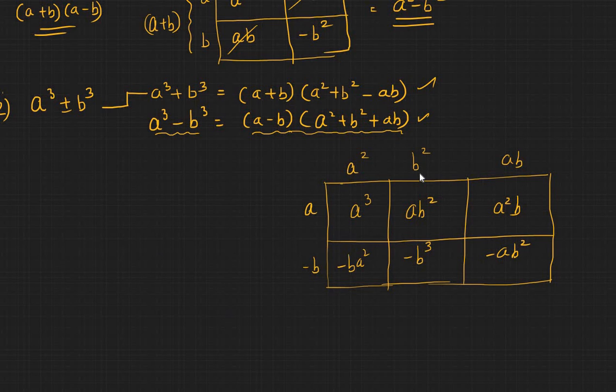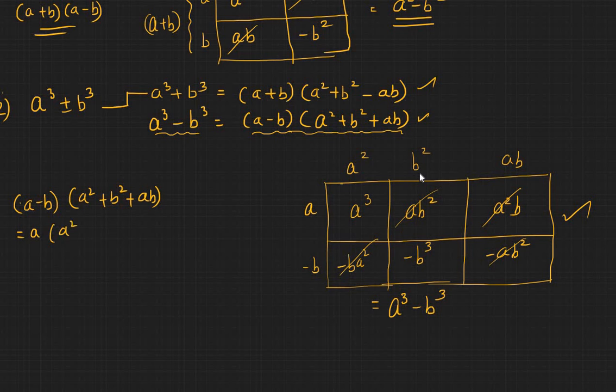So in the visual method, if you would have got this as your table, you're absolutely right. And if you add up these elements, a squared b and minus a squared b, plus ab squared and minus ab squared, what you get is a cube minus b cube. Now to do this algebraically, you multiply a into a squared plus b squared plus ab, and you take this minus b as such, minus b into a squared plus b squared plus ab.